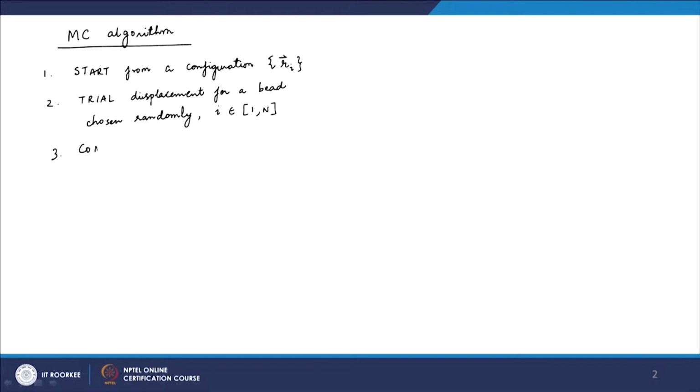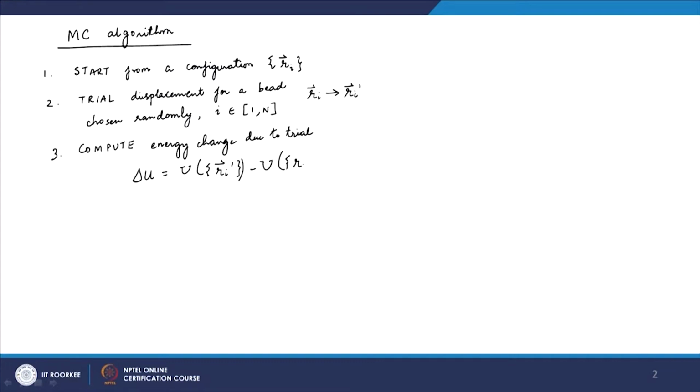And then we compute the energy change due to the trial, that is delta U is U of Ri prime, where Ri prime is the new position, minus U of Ri.